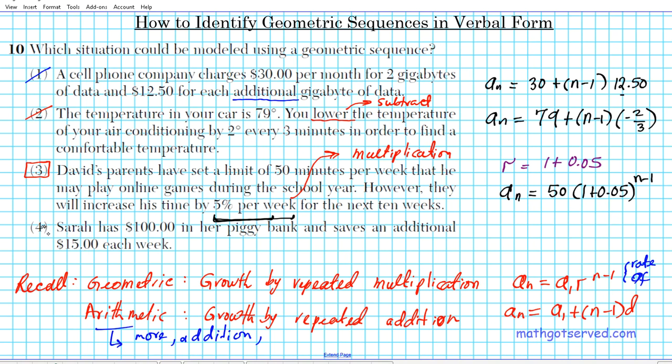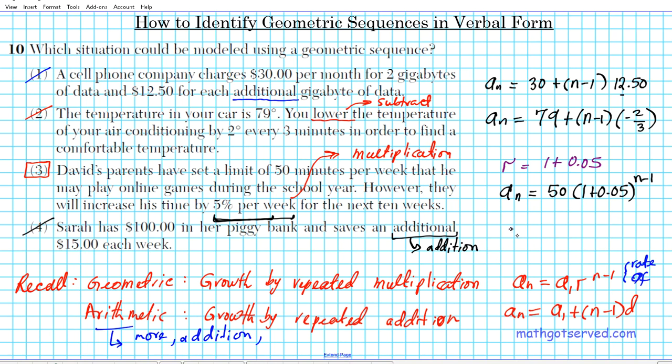So we have the answer is 3. We know option 4 is automatically not going to be the answer, but let's take a look at it anyway. It says Sarah has $100 in her piggy bank and saves an additional $15 each week. So this additional, what operation does it indicate? It indicates repeated addition. And repeated addition is how terms of an arithmetic sequence are generated.